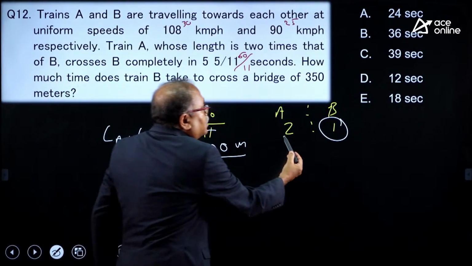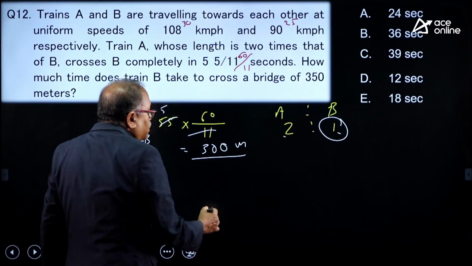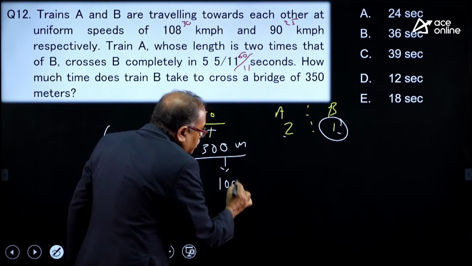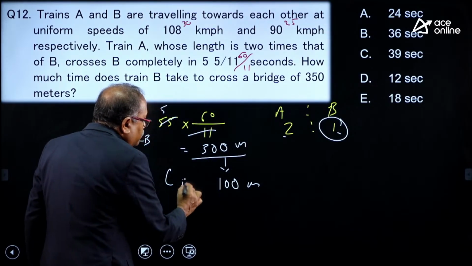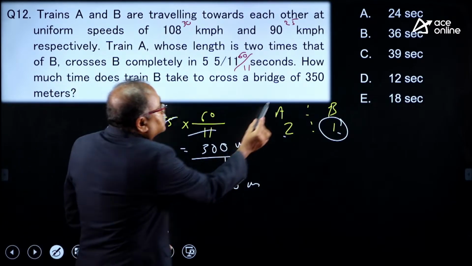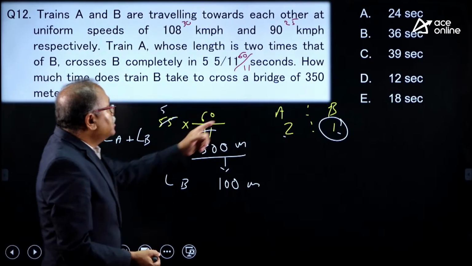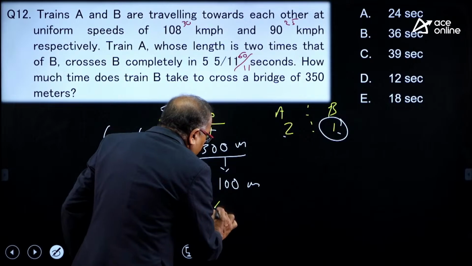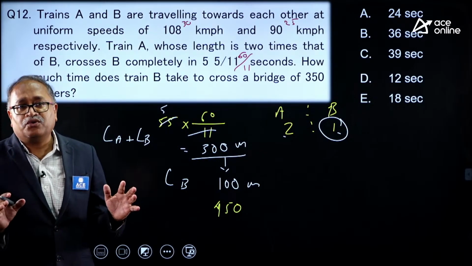Total is 3 parts, out of which 1 part is the length of B. So if I take 1 part out of 3 parts of 300, I get the B length, that is 100 meter. This train will cross a bridge of 350, so the total length will be 350 plus 100, that comes to 450. Am I right? 450, and the speed of B is known to us.